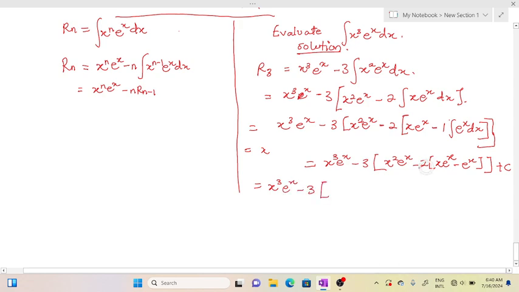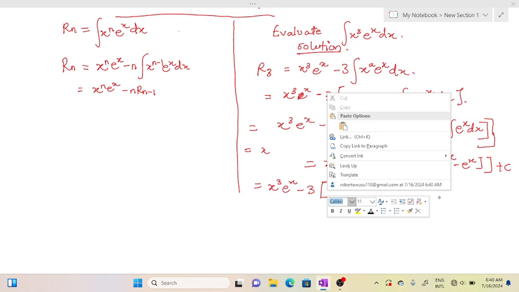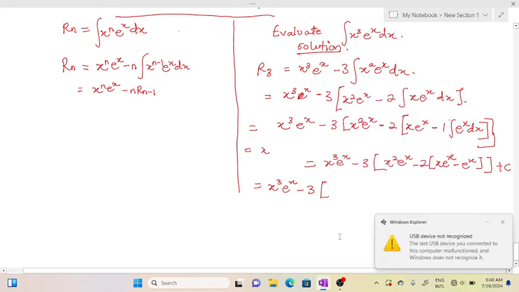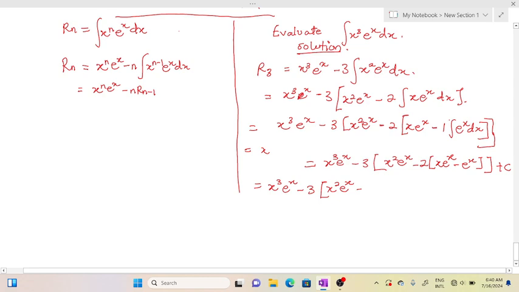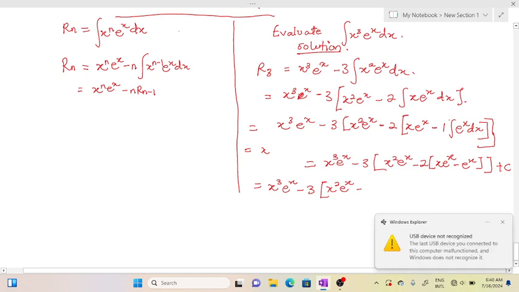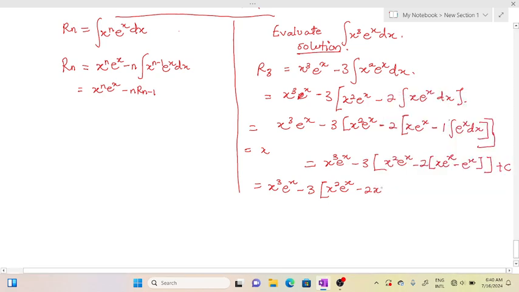Then I do what I have here. e to the power x, x squared, so I'm going to have x squared e to the power x, minus, this gives 2x e to the power x, then here will be plus 2e to the power x. Then I'll close it.